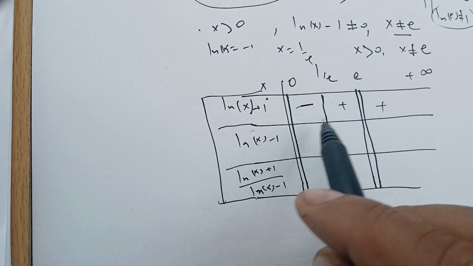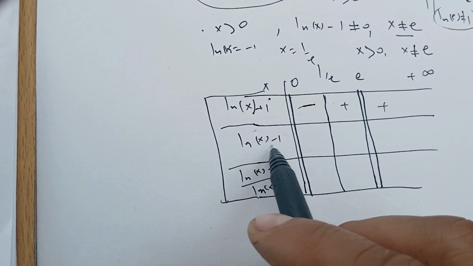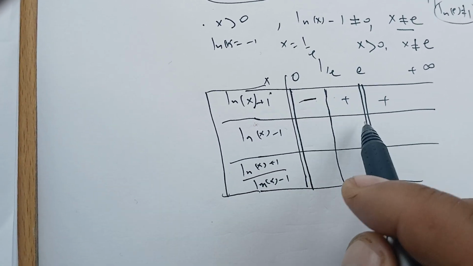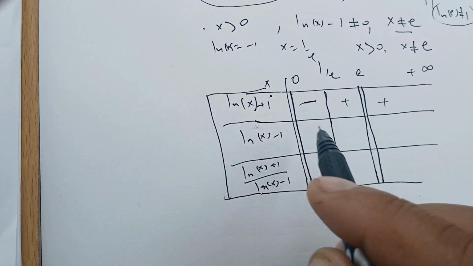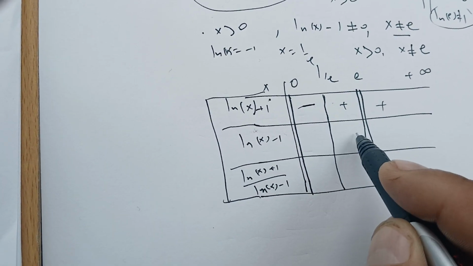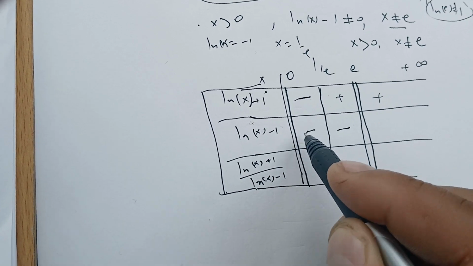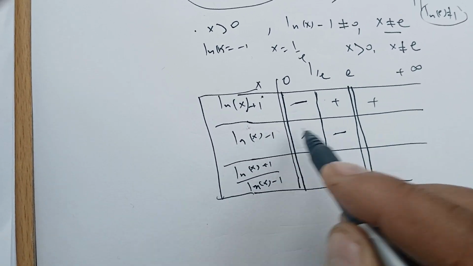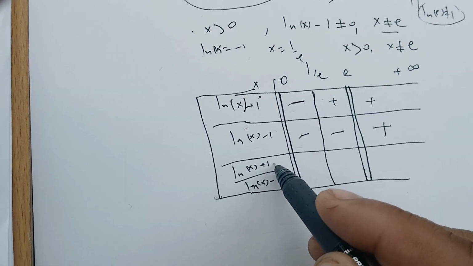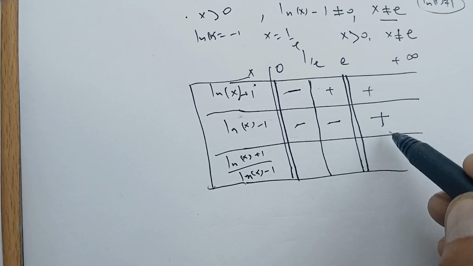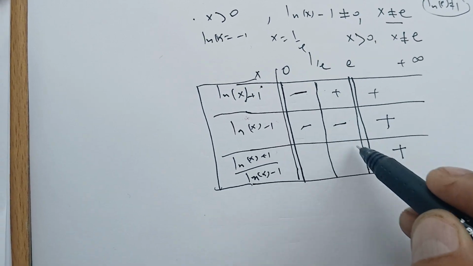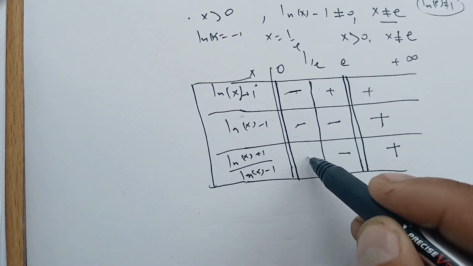When x is equal to e, this quantity, the second row, is 0. So because we have a problem when x is e, we avoid that. When x is less than e, this quantity is negative. When x is bigger than e, this quantity is positive. To get the sign, we just multiply. Plus times plus is plus. Plus times minus is minus. Minus times minus is a plus.